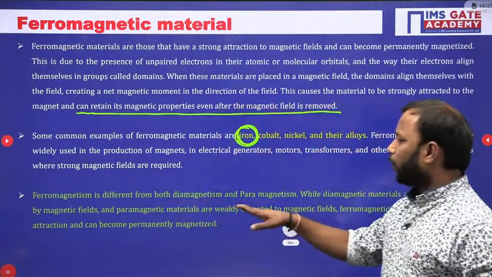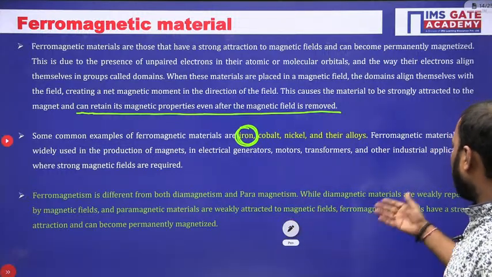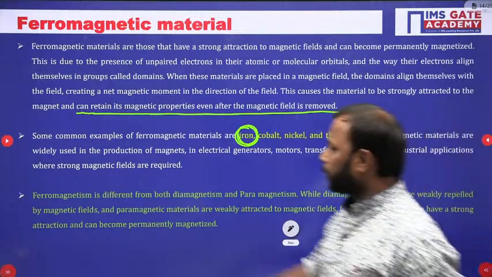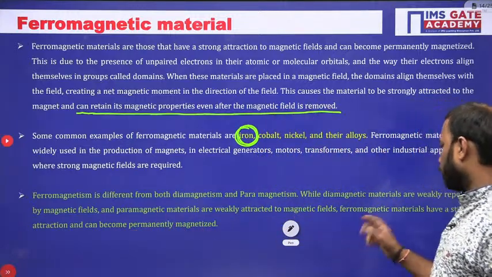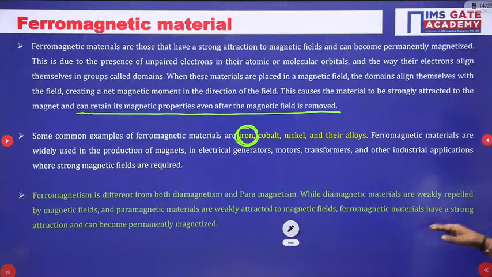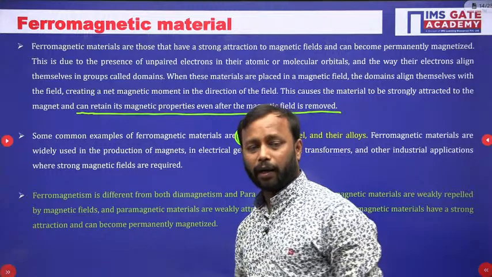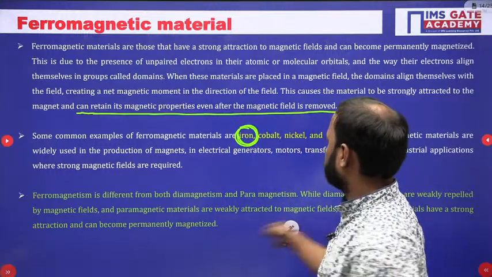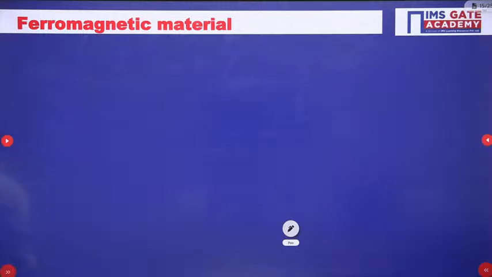Ferromagnetism is different from both diamagnetism and paramagnetism. While diamagnetic materials are weakly repelled by the magnetic field and paramagnetic materials are weakly attracted to the magnetic field, ferromagnetic materials have a strong attraction and can become permanently magnetized. How? I will let you know. Okay? Just a second.